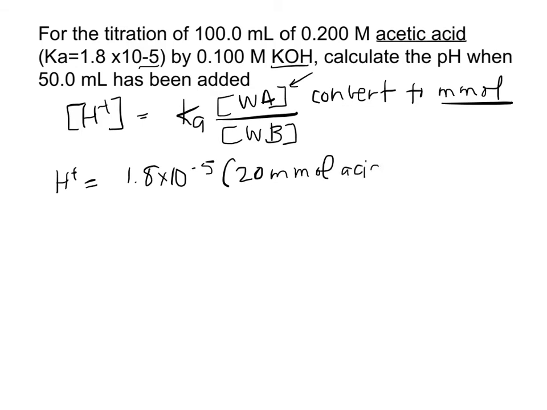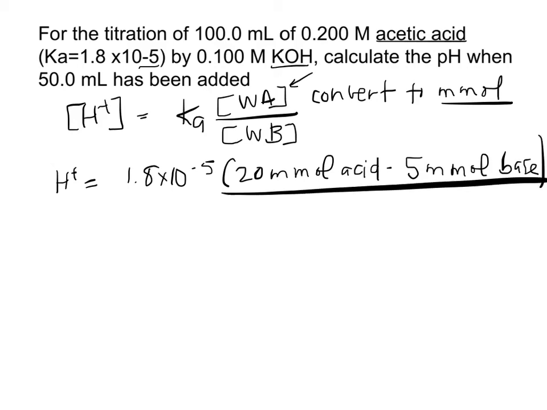That's my 20 millimoles of acid, and I'm going to subtract out the amount of millimoles of base I've added, and that would be 5 millimoles of base. Then on the bottom, I know this doesn't seem right, but at first we don't have any base in there. Then I'm going to add how much base I add into the solution, which is 5 millimoles.